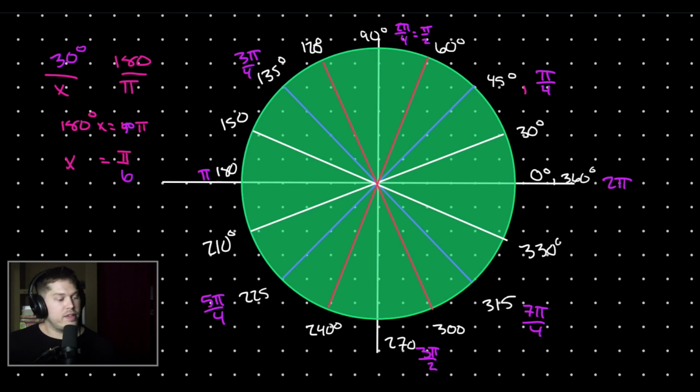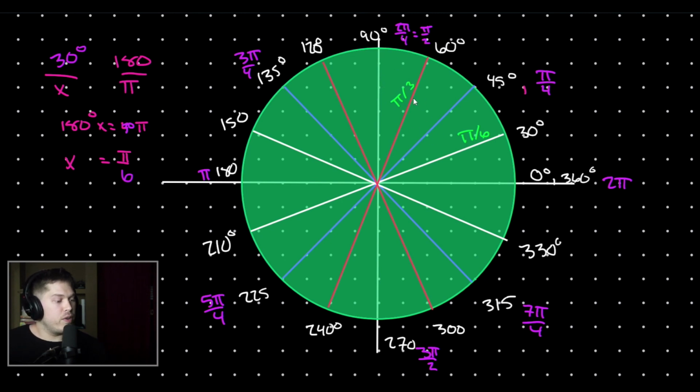So 30 degrees is pi over 6. That means an additional 30 degrees taking you to 60 will be 2 pi over 6, or in other words, simplified, pi over 3. And then we have 90 degrees, which is pi over 2.